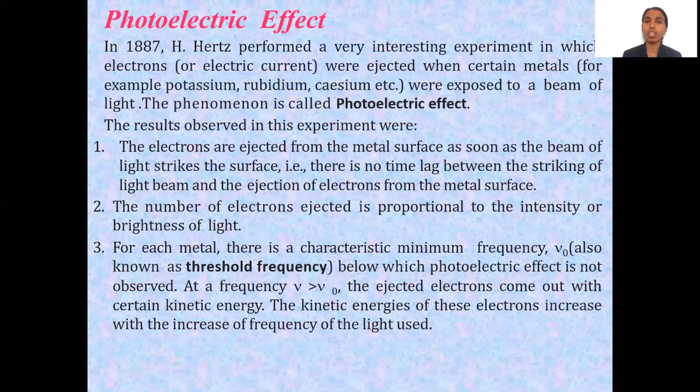Now at a frequency greater than nu zero, the ejected electrons come out with a certain kinetic energy, and the kinetic energy of these electrons increases with the increase of frequency of the light used. When an electron is ejected from the metal, it is moving, so it has kinetic motion, which means it contains kinetic energy.